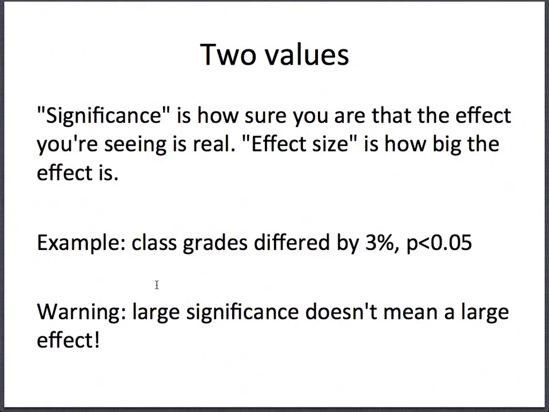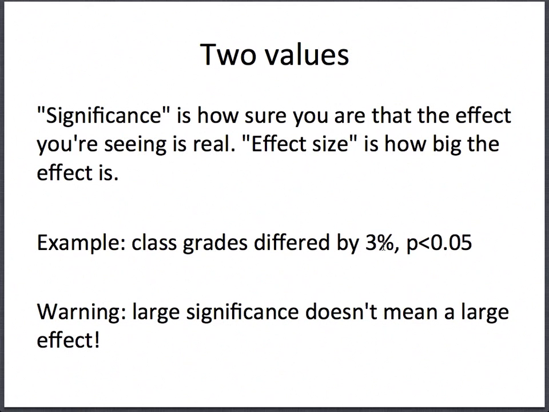Now, there are two numbers here. One is significance. The other number is effect size. So you're going to see something like this: class grades differed by 3%, p smaller than 0.05. The p-value tells you the likelihood that it's just random. The 3% tells you how big the difference is. They're different numbers.